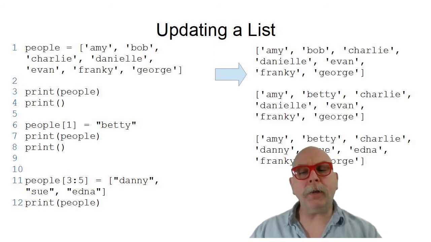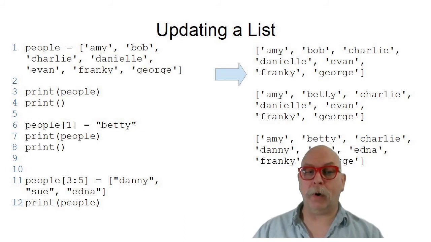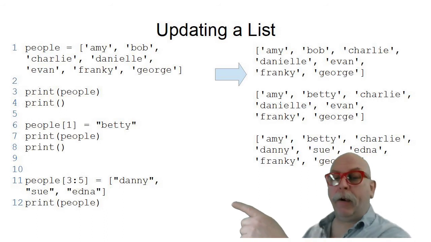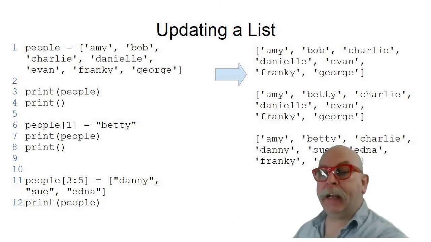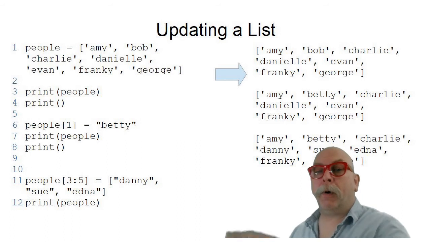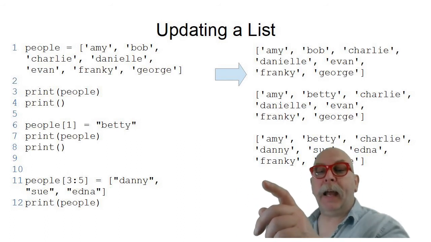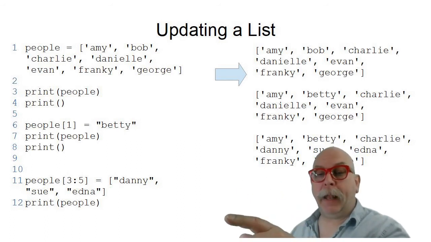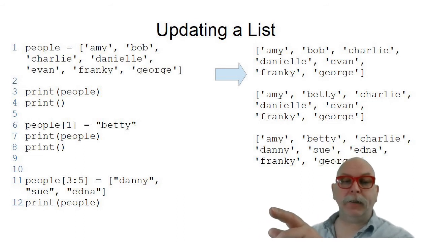You can also use the indexing operator to replace a slice of a list. So you can see that here I change from index 3 to index 5 non-inclusive, so it would get rid of 3 and 4, or Danielle and Evan, and replace it with Danny, Sue, and Edna.